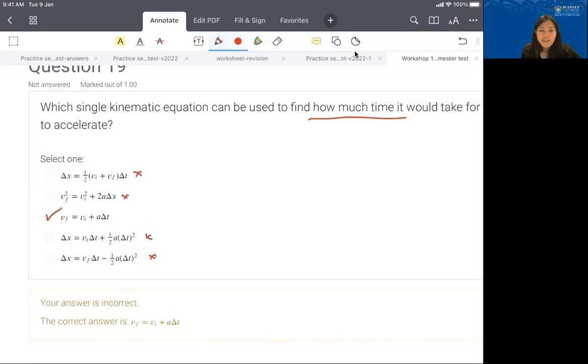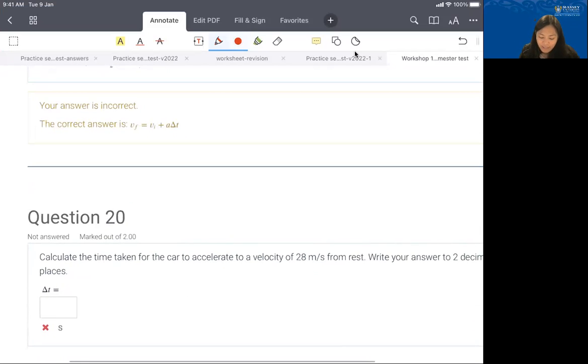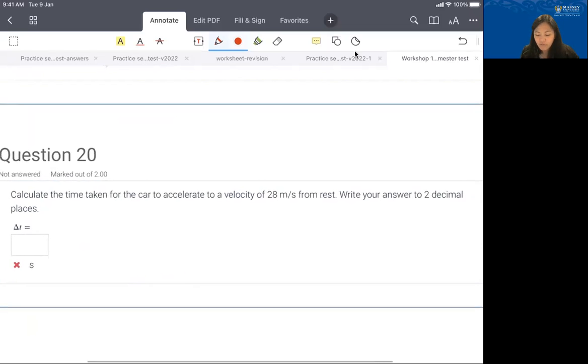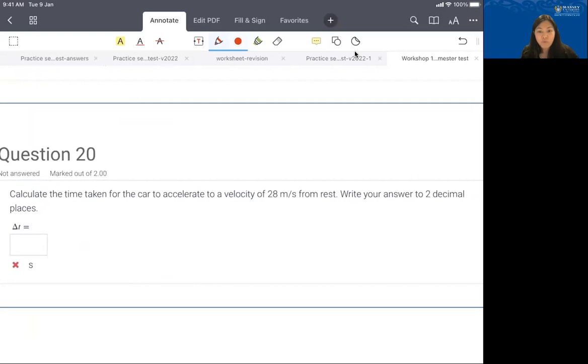Okay, I'm hoping kinematic equation problems would be like giveaway questions. I never know. But if you work through it systematically, I think it will help you answer such questions. After that, you will calculate the time taken for the car to accelerate to a velocity of 28 meters per second from rest.